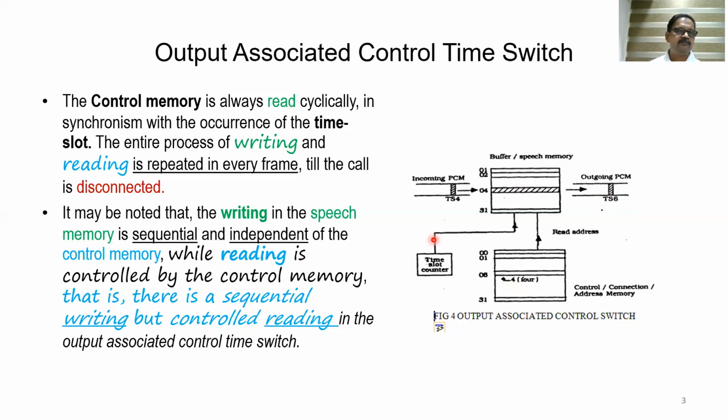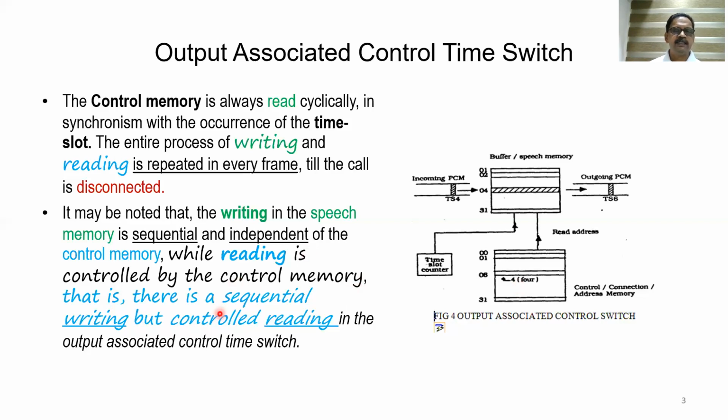It may be noted that the writing in the speech memory is sequential and independent of the control memory. So here writing is sequential and has no business with the control memory, but reading is controlled by the control memory.